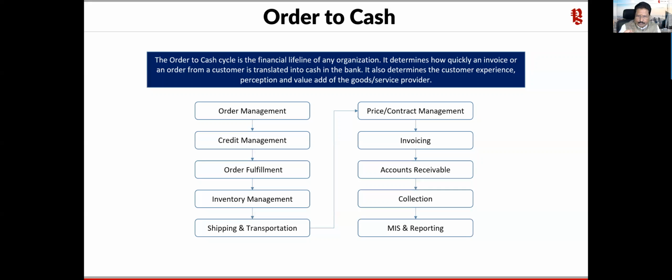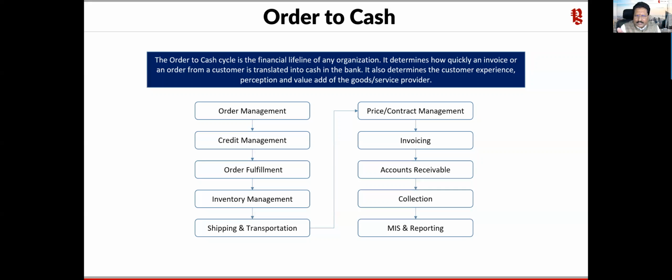So you need a system which gives you MIS reporting, which allows you to see quickly, at the click of a button, the order status as on today, your inventory status as on today, right? And then your receivable status as on today.